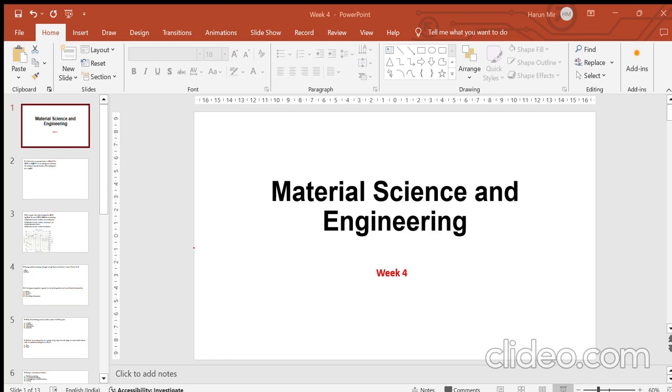Primary alpha is the pro-eutectic composition, because we are not exactly at the eutectic. If you are exactly at the eutectic, you will have liquid getting transformed into alpha and beta. But if you are below the eutectic point, then you are in the hypoeutectic region, and if you are above the eutectic, you are in the hypereutectic region.